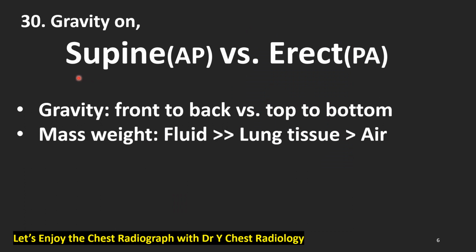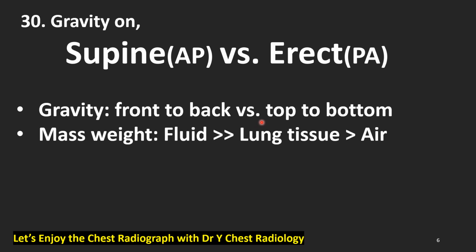There is one more issue on AP supine film, that is gravity. Gravity works differently with supine view and erect view. The gravity is from front to back, anterior to posterior in supine AP view.